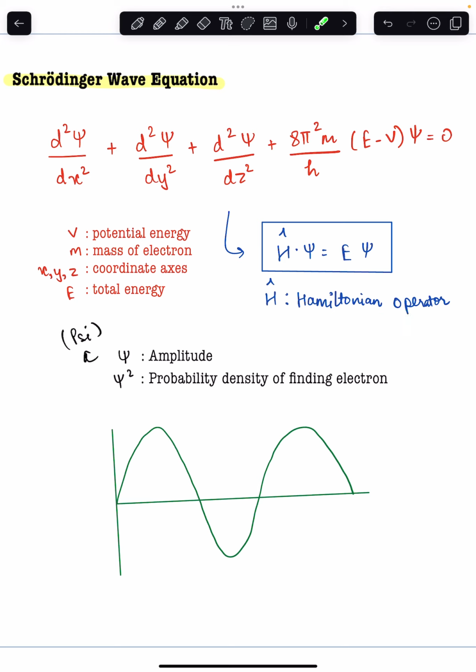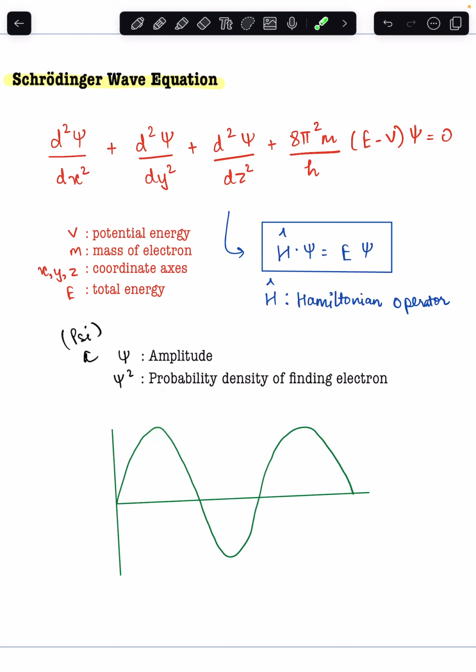Alright, so psi is the amplitude. Like this is the wave equation, right? So the amplitude is denoted by psi, and then psi square. Basically, where the amplitude is maximum, that means there is the maximum probability of finding the electron.